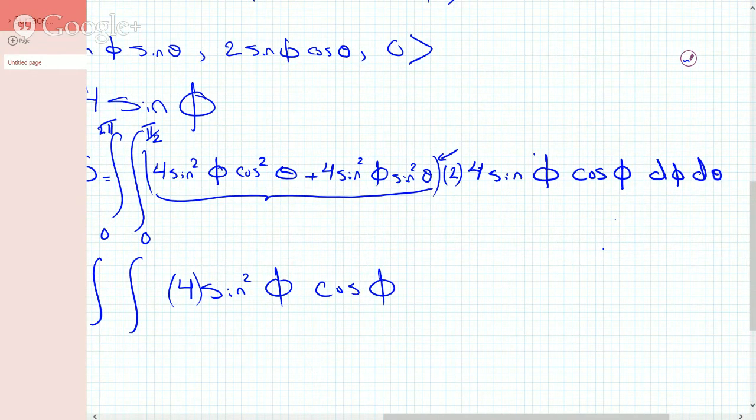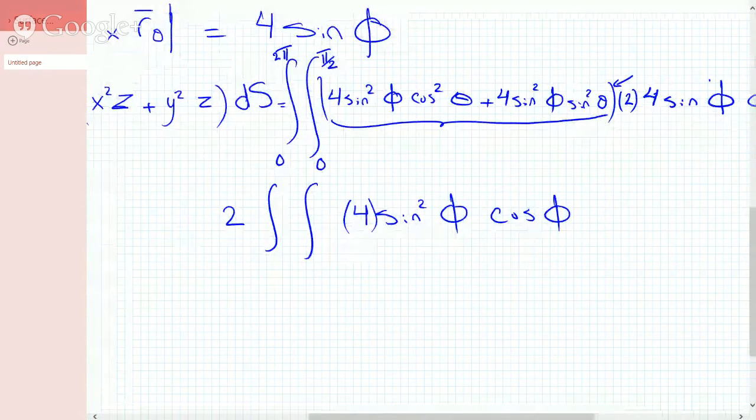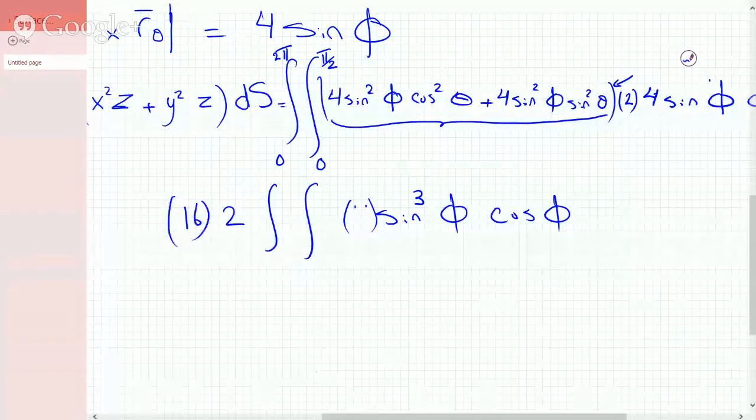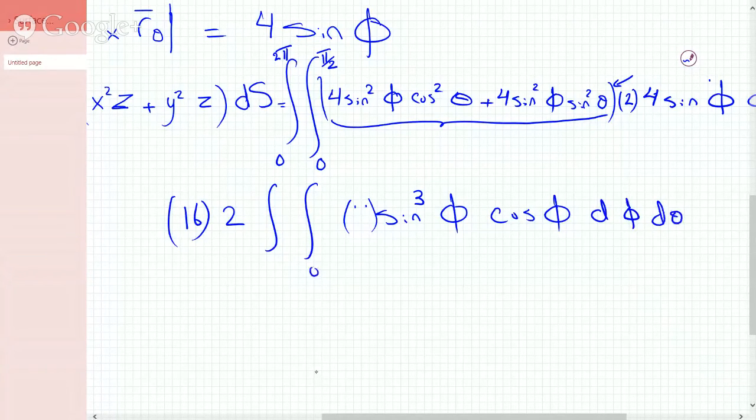Okay, and so then as such, this becomes a sine cubed, and then we have 4 and 4 is 16, so we can just put the 16 right here next to the 2, and then we have d phi d theta from 0 to pi over 2, and this is from 0 to 2 pi.